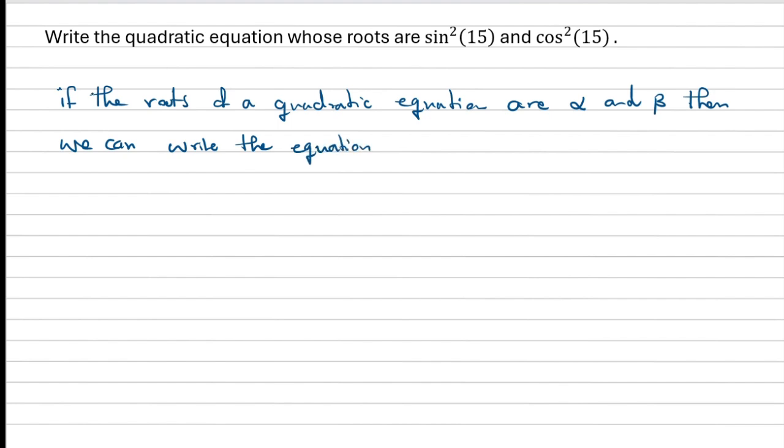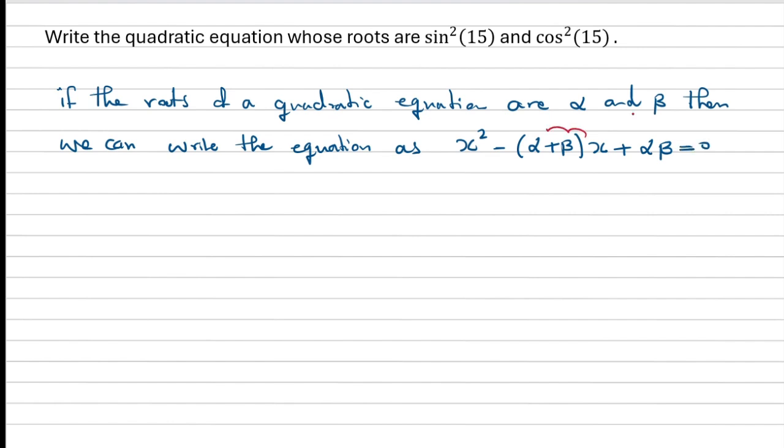the equation as x squared minus the sum of the roots, alpha plus beta, x plus the product of the roots, alpha beta, equals 0.